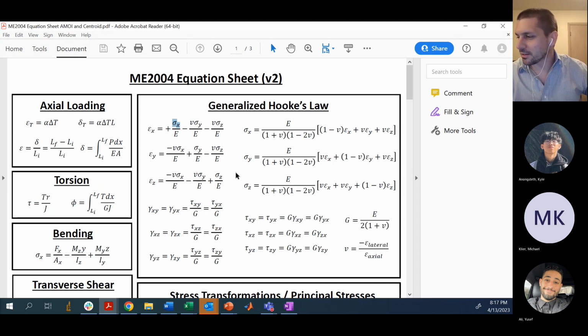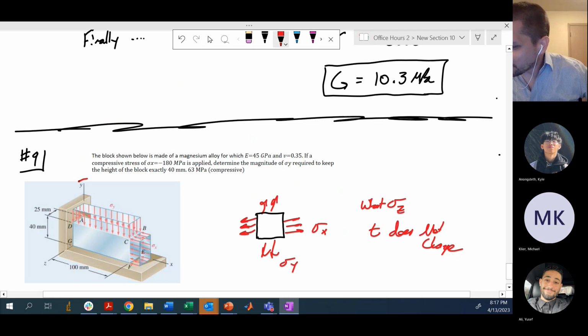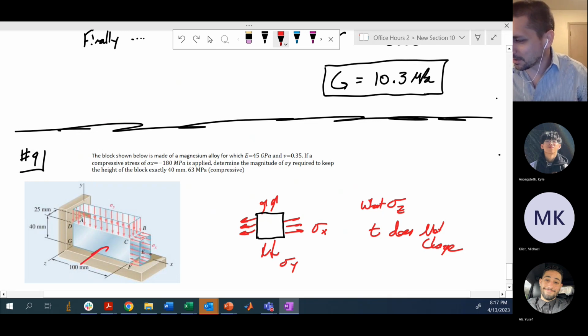All right. So in this case, we have a situation where we're asked to keep the 40 millimeter dimension consistent. So if we go back to our figure here, we have this y dimension, this x dimension, and this z dimension. We can see from the figure that there is no sigma z. So in this case, sigma z is 0.